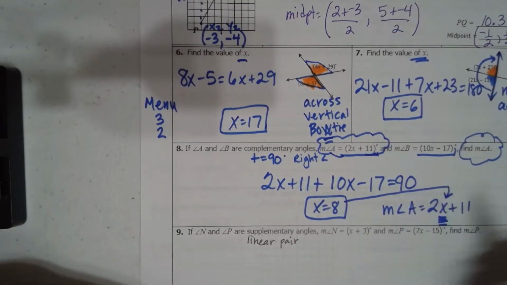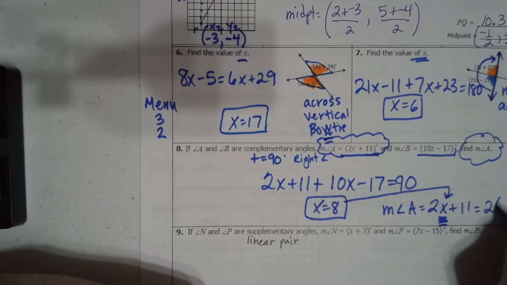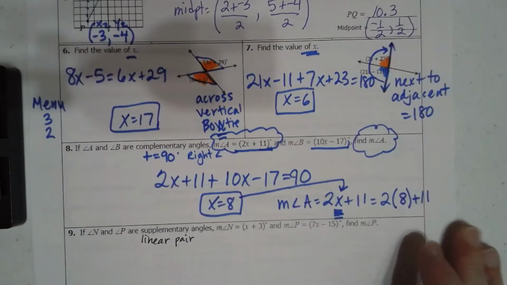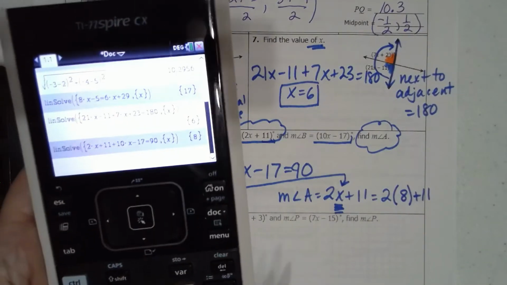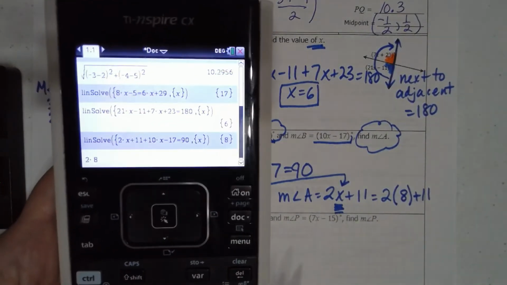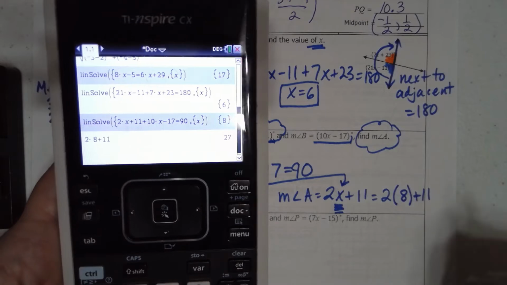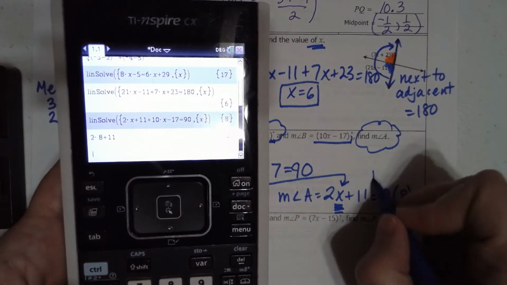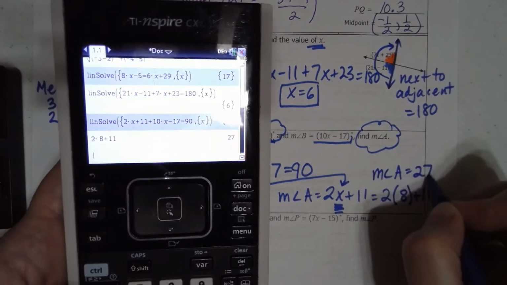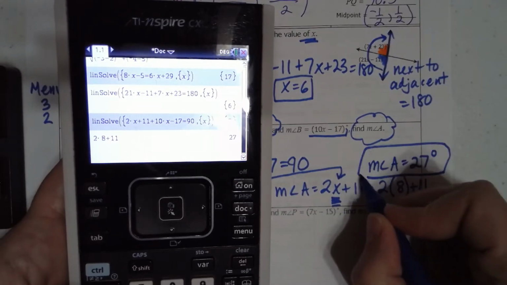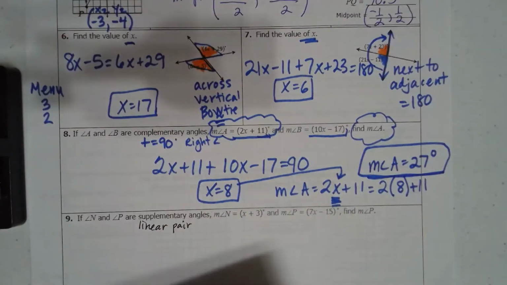It is 8. So we're going to take that x away, and in its place, we're going to put an 8. So 2 times 8 is 16, plus 11 makes 27 degrees. So that's how big angle A is.